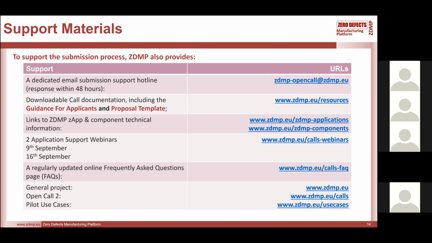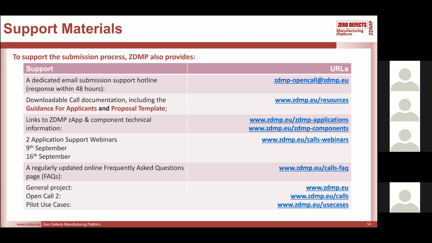One of the things we noticed from our applications in call 1 was that there was a tendency for applicants to list lots and lots of our Zdmp components without really fully understanding what they do and how they related to their project.